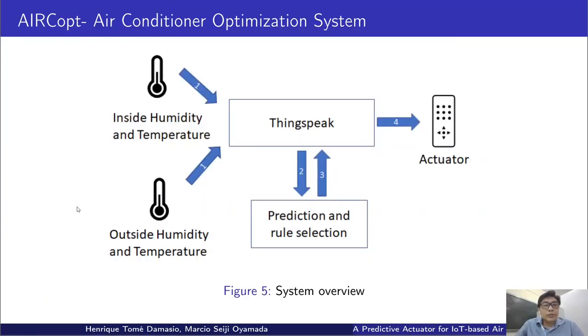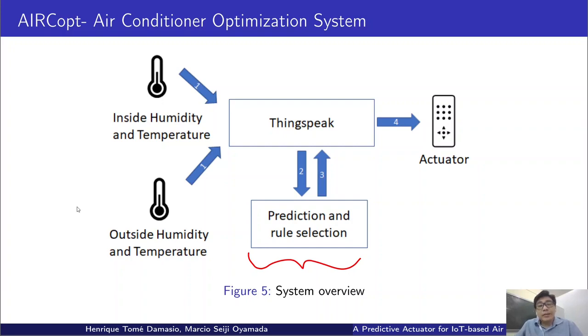This figure shows the overall flow of our work. The inside and outside sensors send the temperature and the humidity to the ThingSpeak platform. A service developed in Python collects this data and selects a rule to configure the operation of the air conditioner unit.